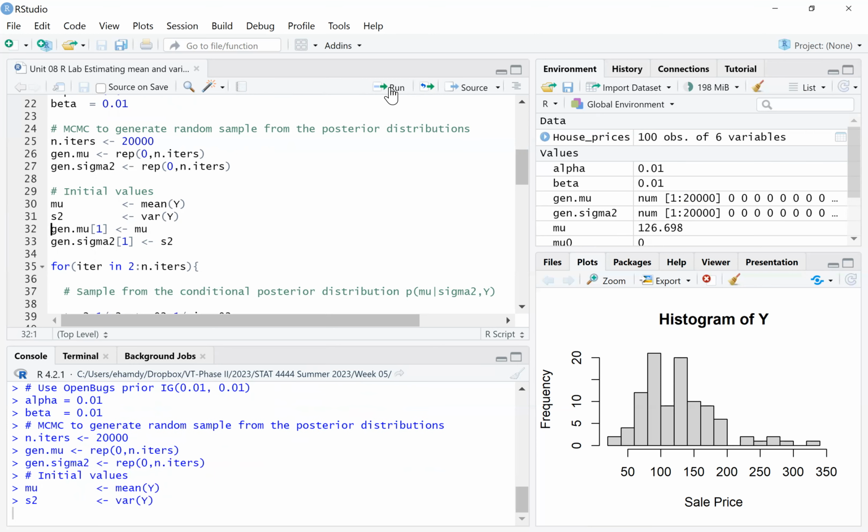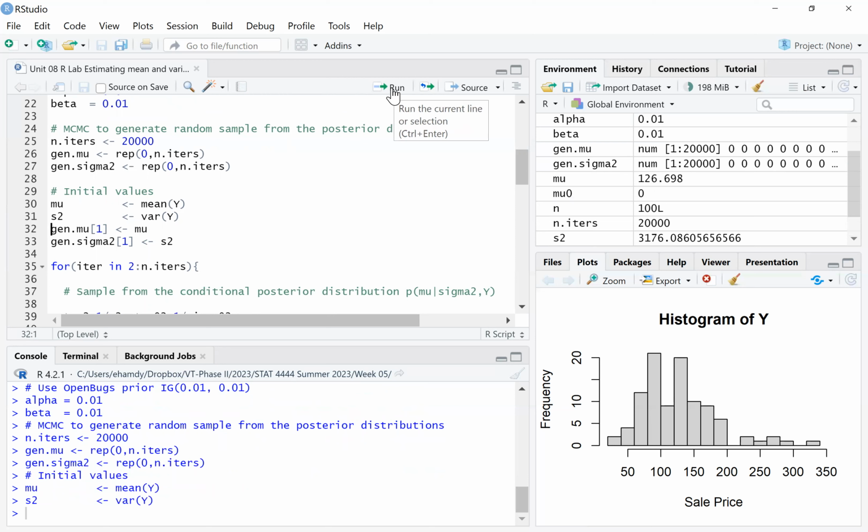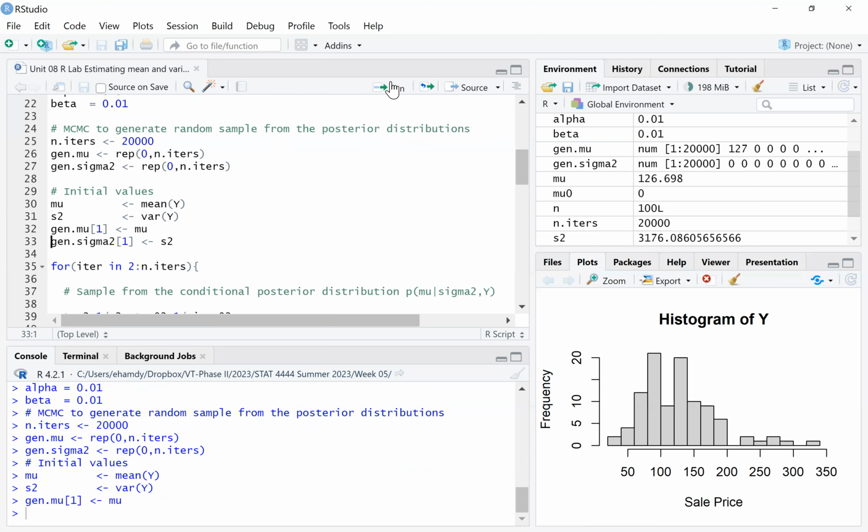Those are nice initial values, but you can start with anything. So let's store these as the first values for sigma squared and mu.